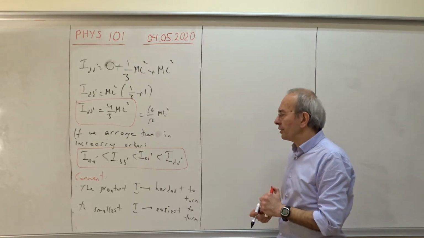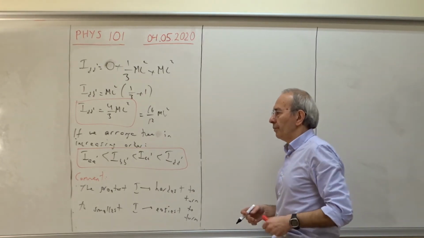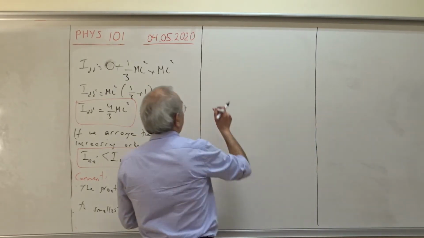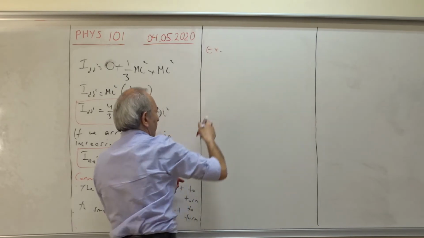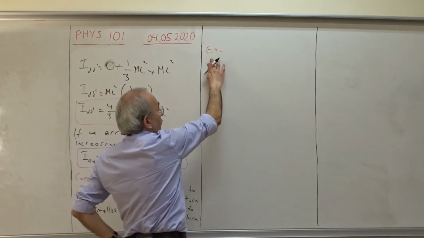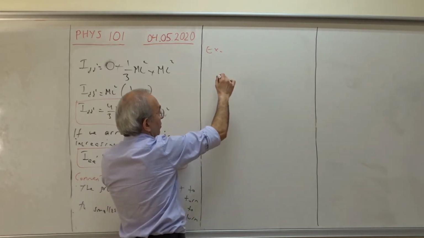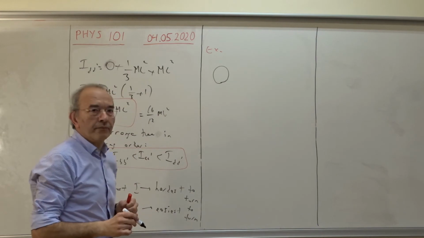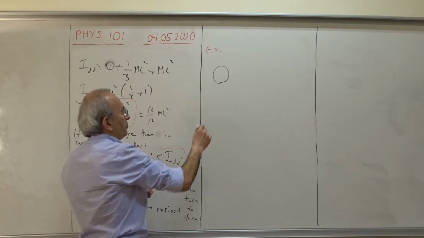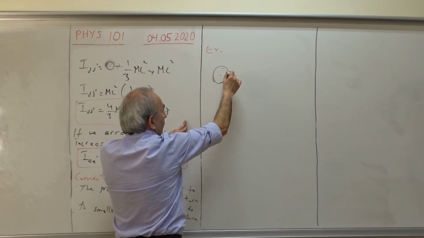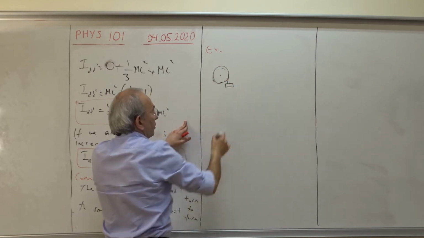So let's consider an example. Let me draw a picture first and then write the text. So this is, for example, a disk, and around it some rope is wound, and then we will have a block.